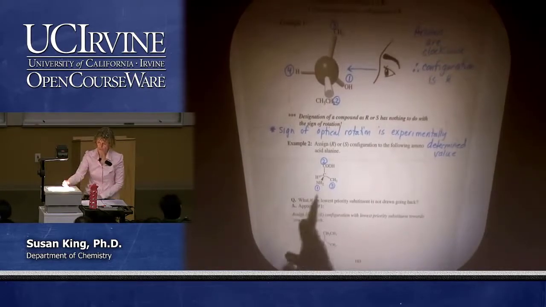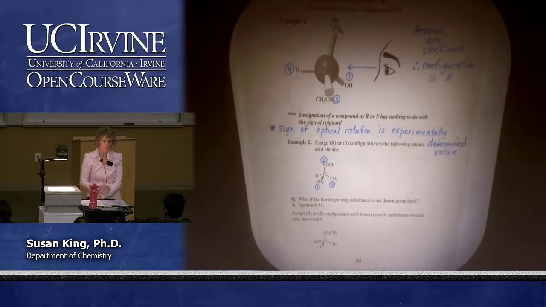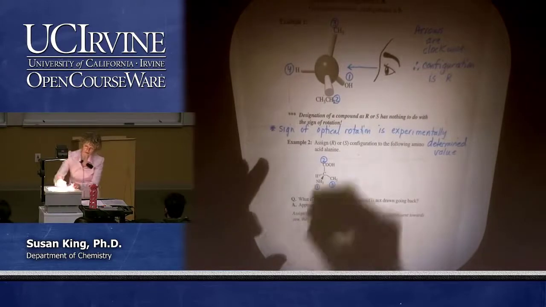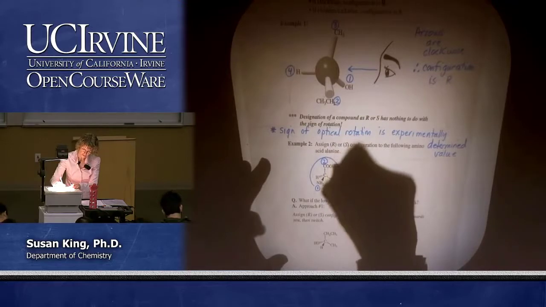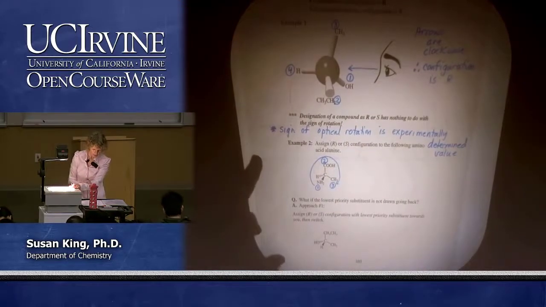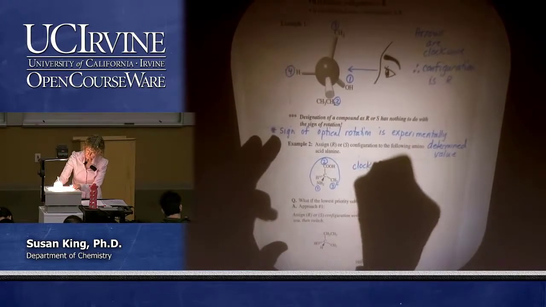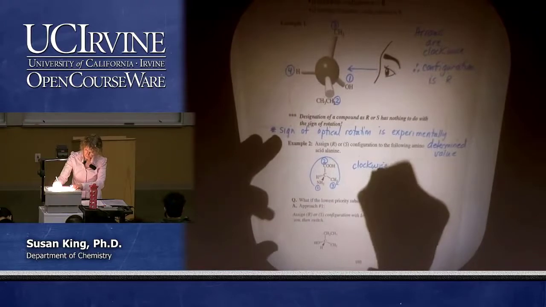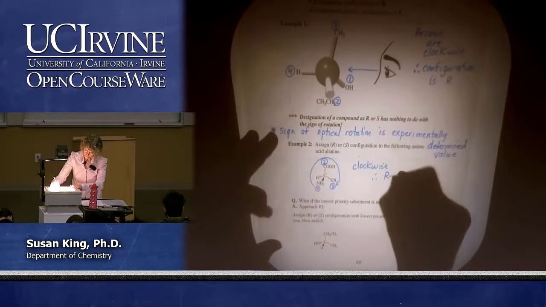Now this is a wonderful problem because the hydrogen is already drawn going back away from you. It's going into your page, and that's a beautiful thing because now we can easily trace this. Here, 1, 2, 3. So that is clockwise. Therefore, it's R alanine.